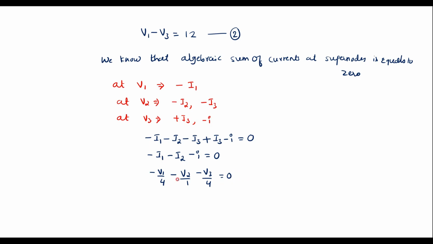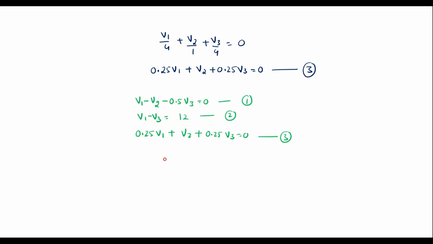Or I can write V1 by 4 plus V2 by 1 plus V3 by 4 is equal to 0, or 0.25 V1 plus V2 plus 0.25 V3 is equal to 0. Let me call it equation number 3. So these are the three equations. Now we have to solve these three equations to find V1, V2 and V3.